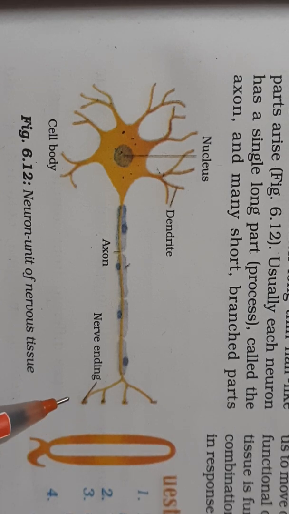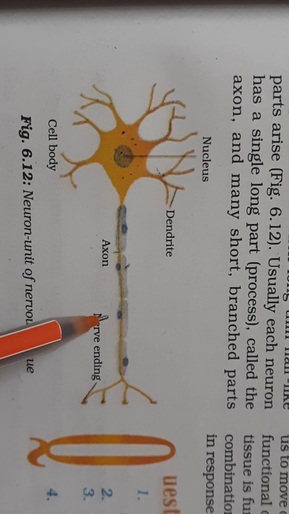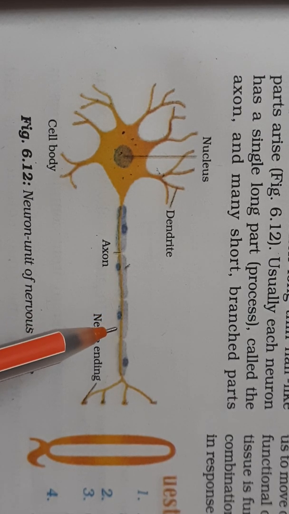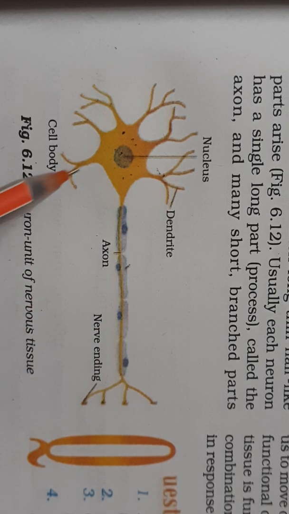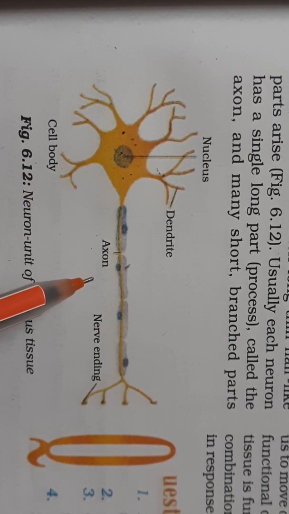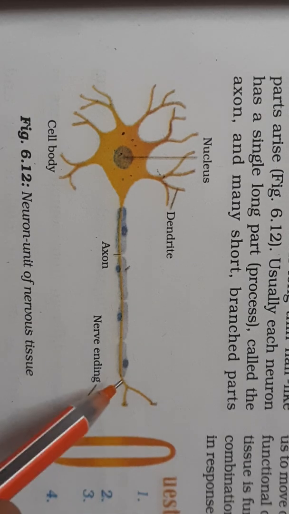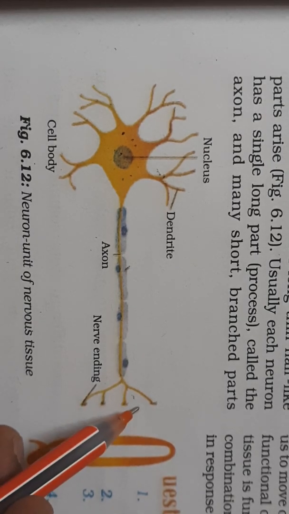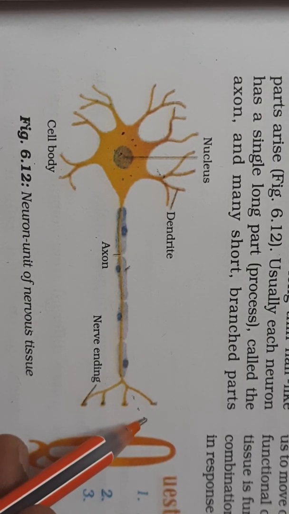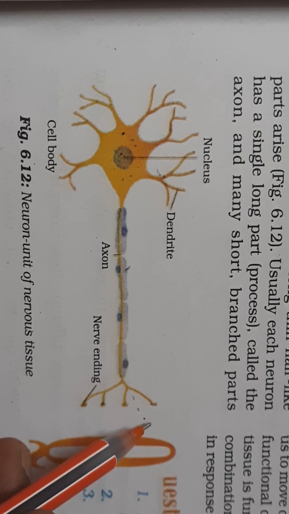Then there are many nerve fibers which are connected to the nervous tissue. So whatever signal is passed from the brain, that signal passes along these nerve fibers, and it is called a nerve impulse. It is passed on in the form of nerve impulse. Then the nerve impulse allows us to move our muscles.